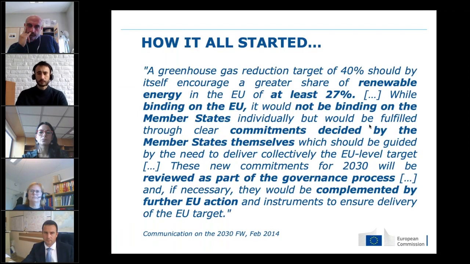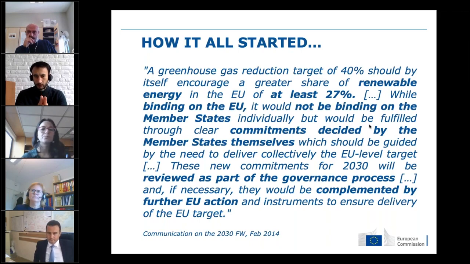So simply to explain a bit how it all started, the numbers on this slide you can just ignore because they are a bit outdated. As you see in the communication from 2014 already, we had this idea that we have to be ambitious for greenhouse gas reduction, and for that we need, among other things, an ambitious target for renewables and an EU target.